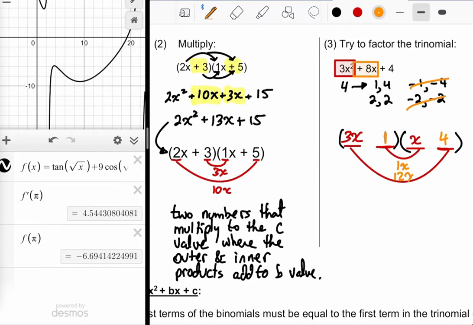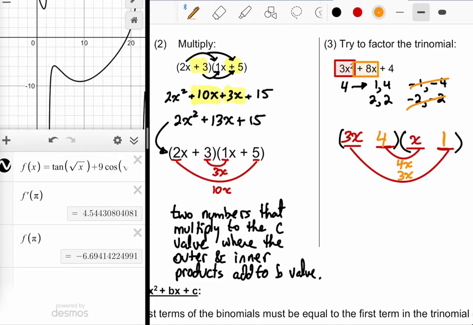So aside from that being the wrong possible pairing, at least in this arrangement, you have to also consider that it could be the other way around. So I'd swap them, because if I put the 4 here and the 1 there, I would get 4x and 3x.